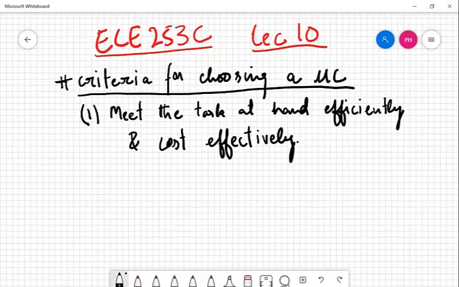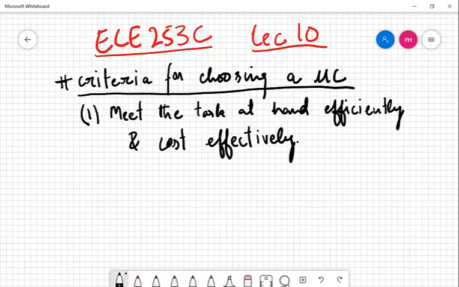What does it mean? We have to do computing, and we have to use a microcontroller for that. Different microcontrollers have different computing capabilities. So before selecting a microcontroller, we should know that this particular microcontroller will meet my computing tasks, whatever computing I have to do in the system I am designing. This microcontroller should deliver that task efficiently and also cost effectively.